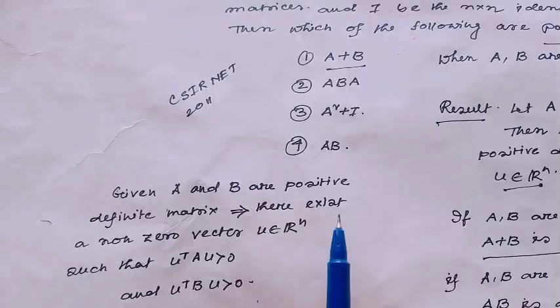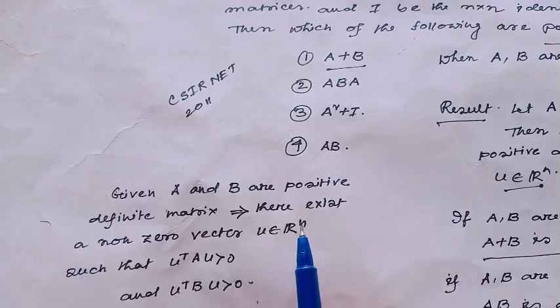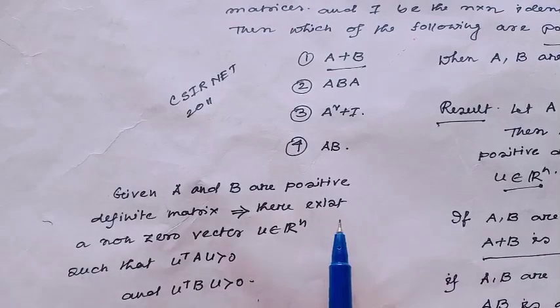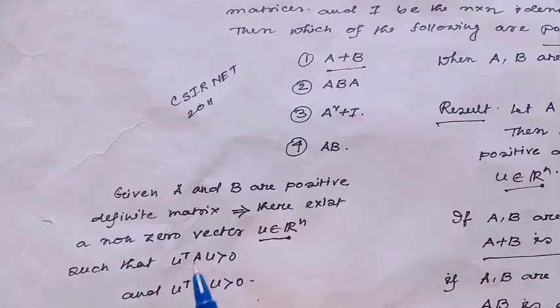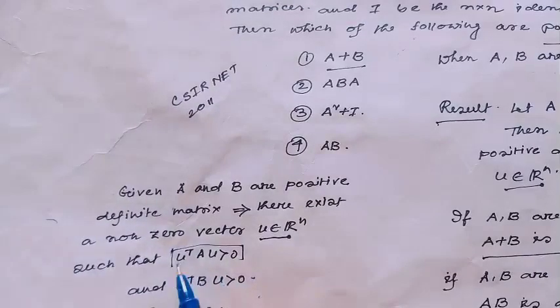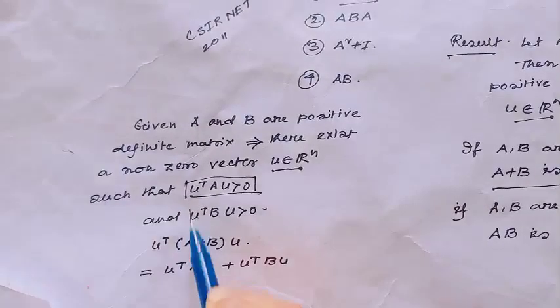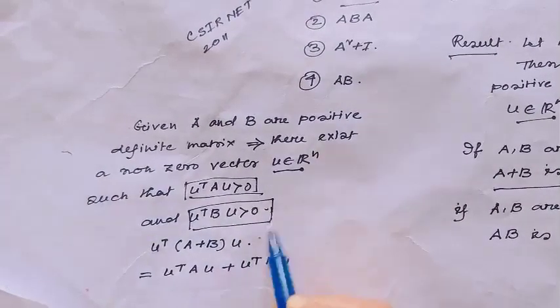Given A and B are positive definite matrices, that means for every non-zero vector u belonging to R^n, u transpose Au is strictly greater than 0 and u transpose Bu is also strictly greater than 0.